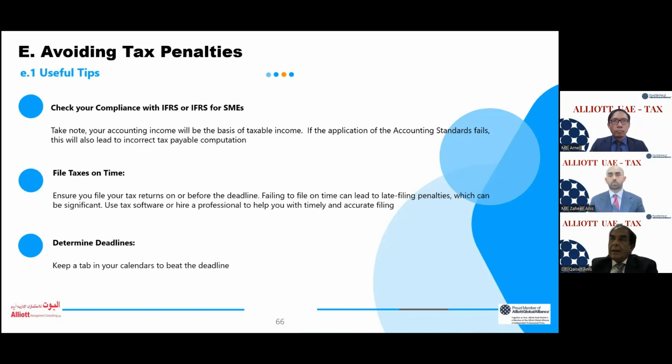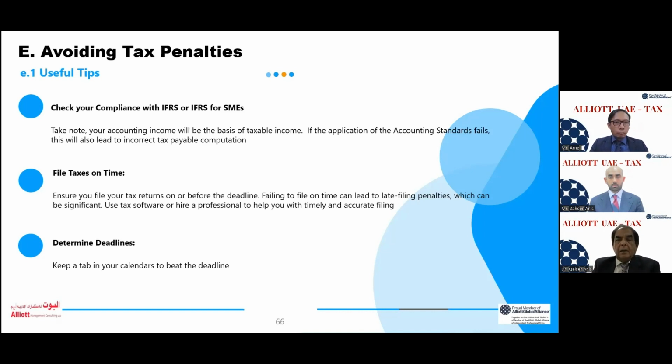So as a tip, tax planning is so important. Tax planning is not about avoiding the right amount of tax; that's the way to be ready for the tax. They say the corporate tax is 9%, but in my opinion, it cannot be 9%.